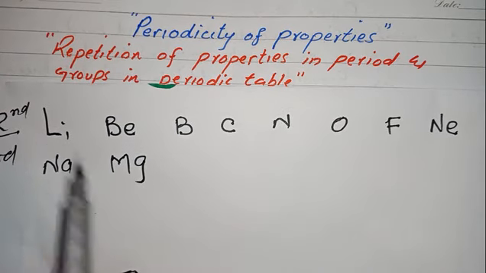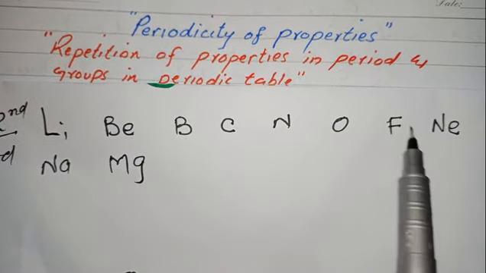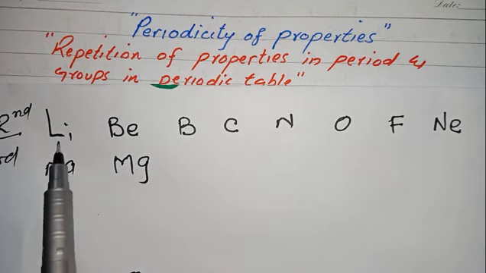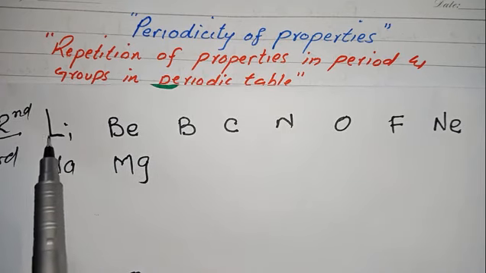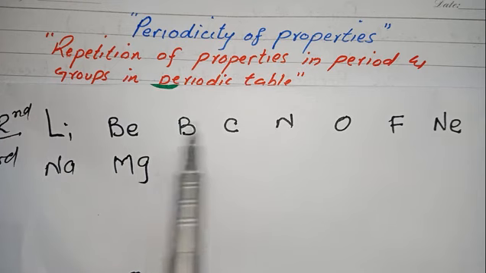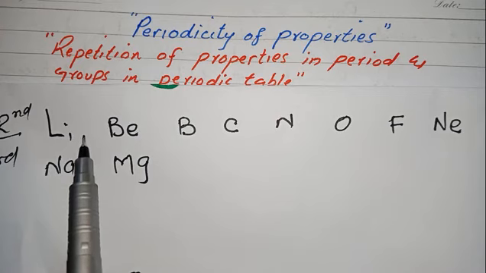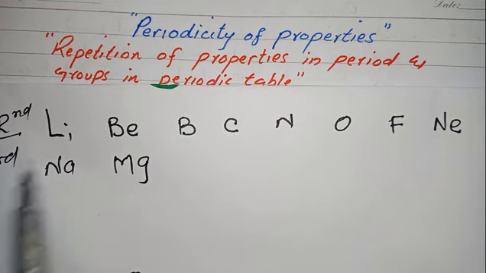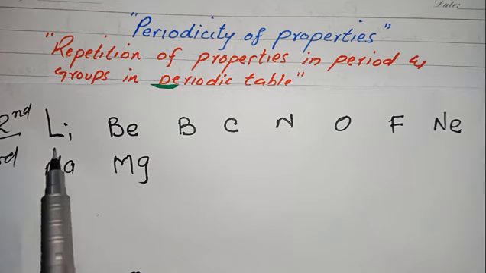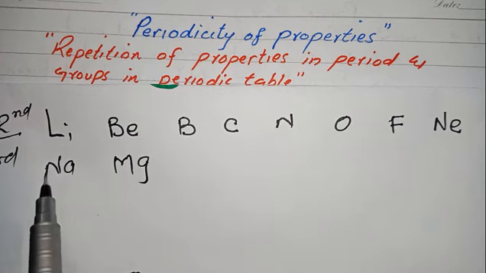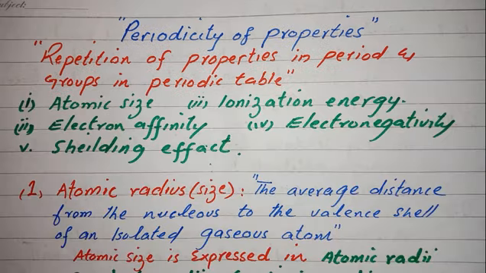So starting from lithium, after an interval of 8, the next element, which is sodium, will have almost similar chemical properties to lithium. This repetition of properties in groups and periods in the periodic table is called periodicity of properties. Let us say that lithium is metallic, therefore sodium also has metallic character.